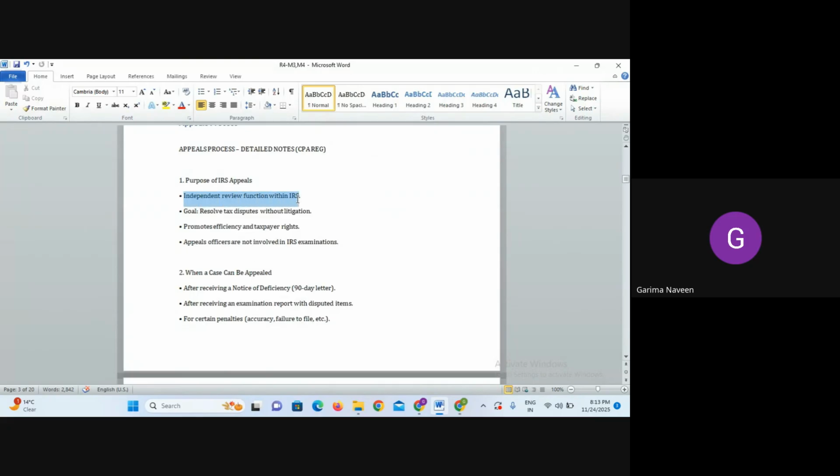It is an independent review function within the IRS to resolve tax disputes without litigation. It promotes efficiency and taxpayer rights. Appeal officers are not involved in the IRS examination. So the officer who has done the IRS examination is not involved in the IRS appeal. It is done by other officers.